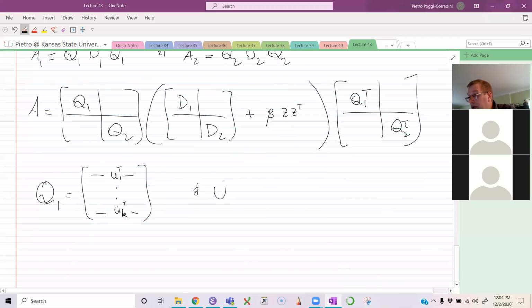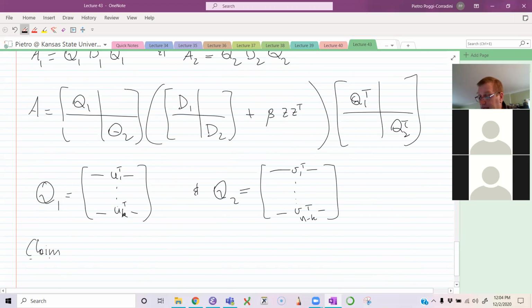And U2 in terms of its rows, and that's going to have n minus K rows. Then the claim is that Z is simply the concatenation of the last row of U1, U_K, as a column, and then the first row of U2, V1, as a column.